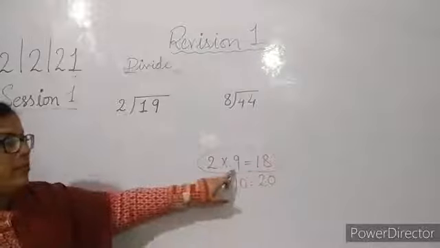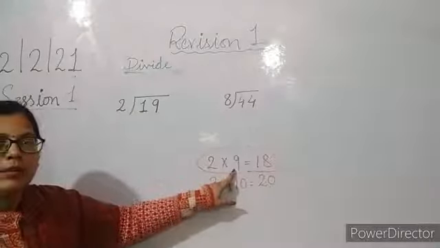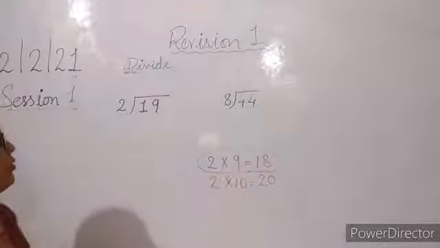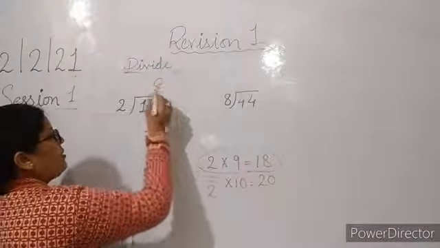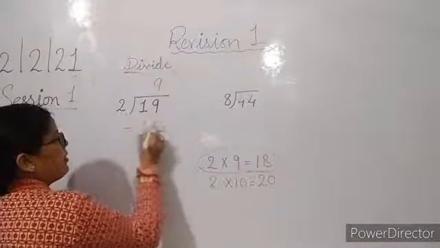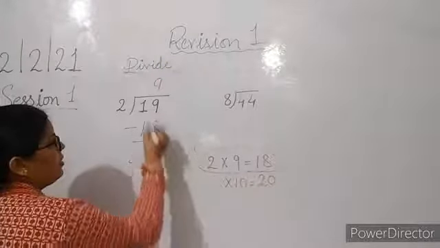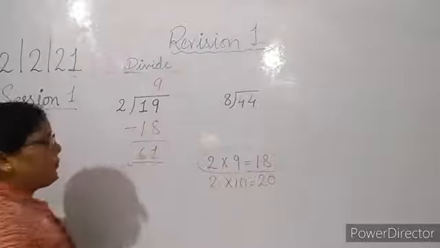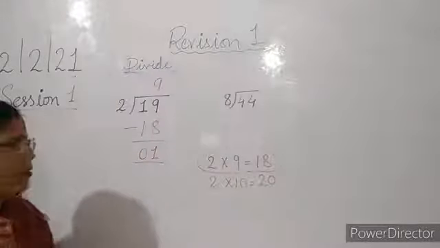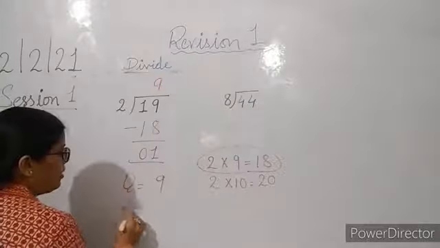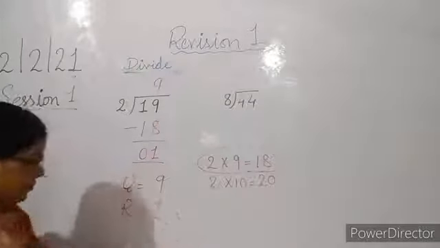By how many times will we divide? We'll divide 19 by 9 times. So 2 9s are 18. Now we subtract: 9 minus 8 is 1, 1 minus 1 is 0. So what is the difference? 1. So the quotient is 9 and the remainder is 1.